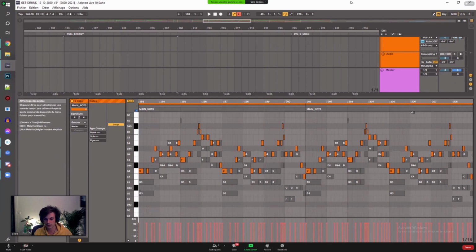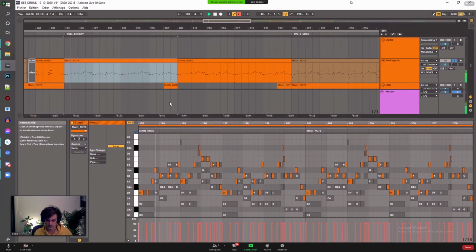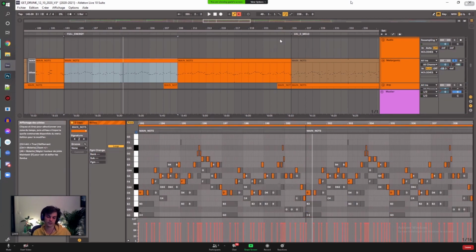And then when I have my main melody that is doing some nice moving, when I have my melody that is looping correctly, resolving and not feeling unresolved, because that's a nice thing to have, a good melody that is going somewhere and then resolving back home, either on the root note of the key or on the fifth.